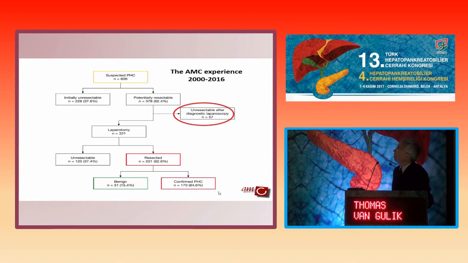Now, I would like to focus on our experience with diagnostic laparoscopy, but also on this category of patients who do not appear to have a malignancy and who are exposed to this high-risk surgery for which they actually didn't need that part of surgery.